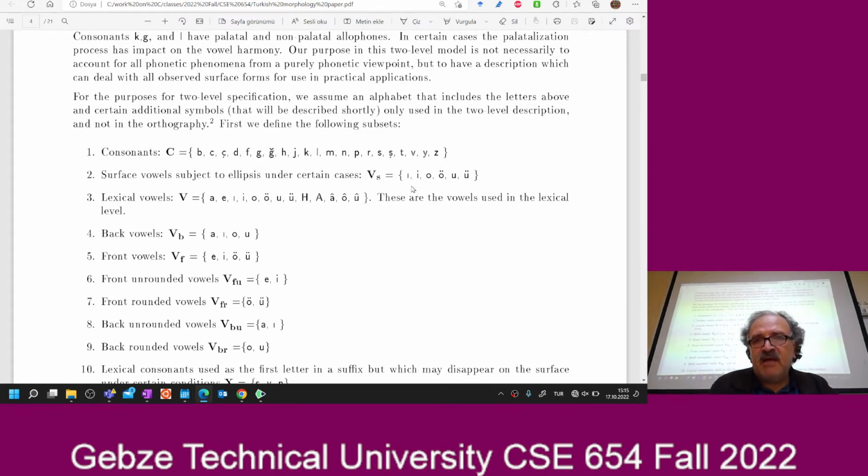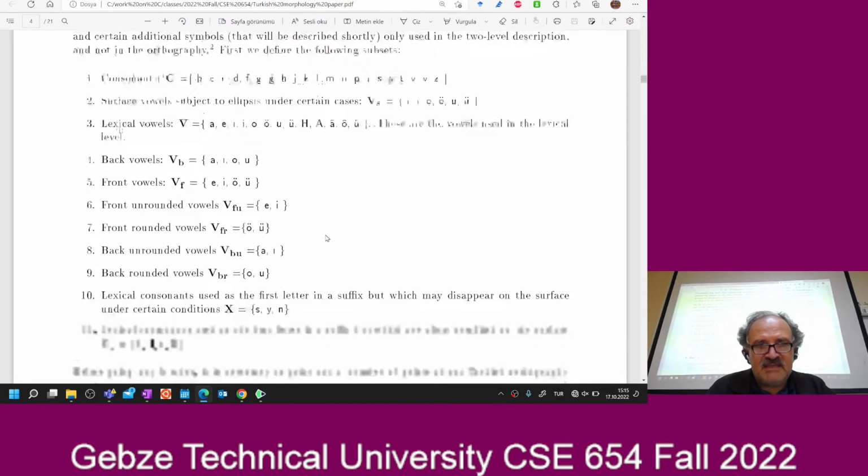I am going to call them VS, I. These are the vowels, 1, 2, 3, 4, 5, 6. These are the surface vowels under certain cases. These are the lexical vowels.